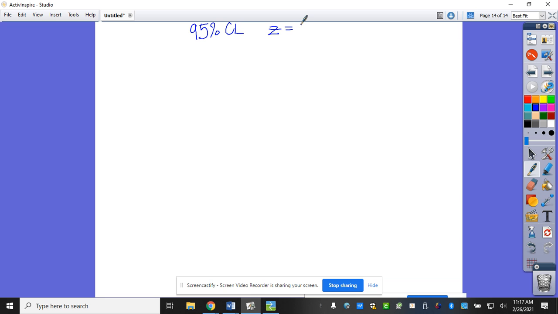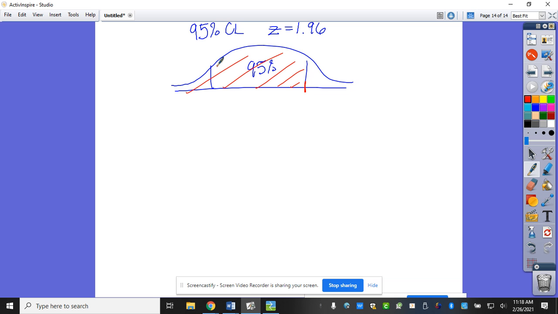what? 1.96. Okay, so let's think through that one. Here to here is 95%. So if I want to find this, which we understand is 1.96, how much is shaded there? How much is in each tail? 2.5.